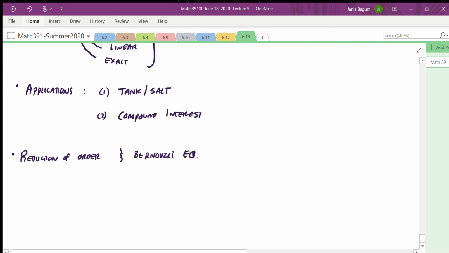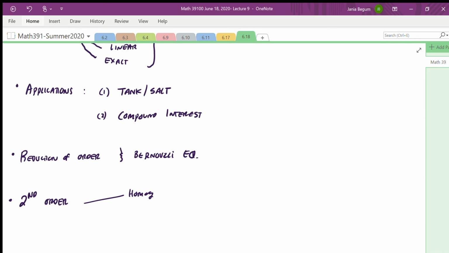And then we moved on to second order. For second order, we solved homogeneous second order differential equations. So that's all the three cases you can possibly have.